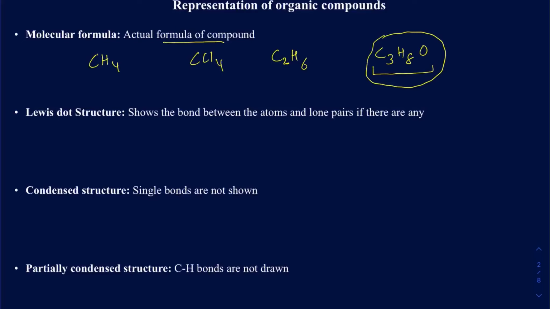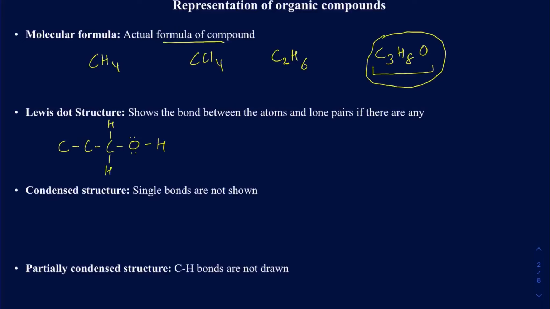Now, one way to arrange these 3 carbons and 8 hydrogens is to have all the carbons in one chain, and then have an oxygen attached to this terminal carbon. And then remember, oxygen needs to have 2 bonds, so you want to have a hydrogen right next to the oxygen. And then we'll have 2 lone pairs on the oxygen.